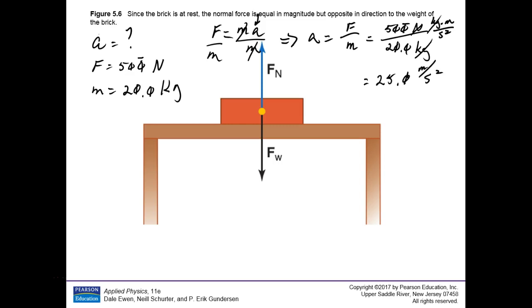I can't swear they have them all, but it looks like they have all of them 1 through 33. So what I would recommend is do any of the odds 1 through 7, any of the odds 9 through 15. You choose how many of those that you need to do to get the concept down, and any of the odds 17 to 33. Okay. All right, any questions on that? So it looks like they do have odd number answers in the back.